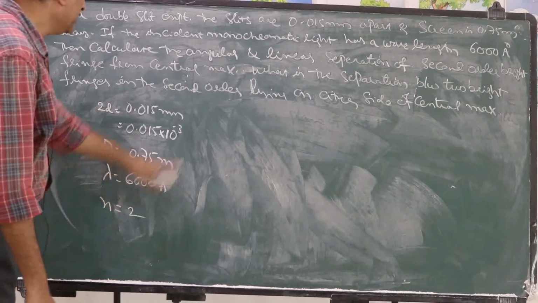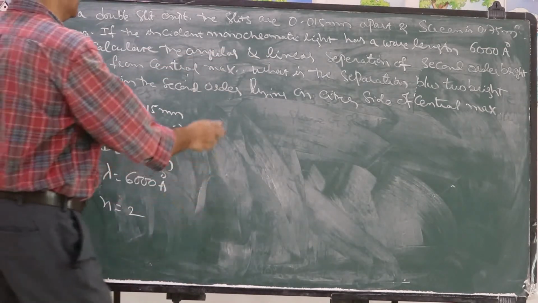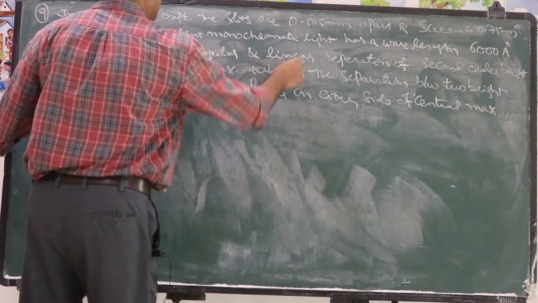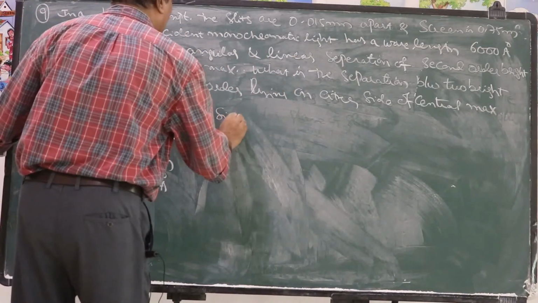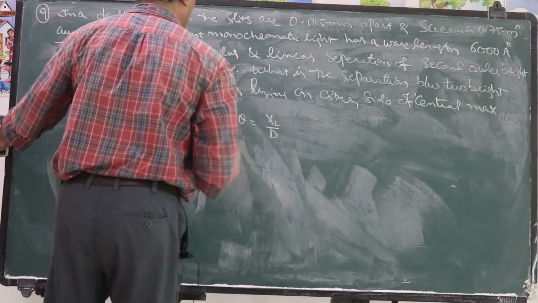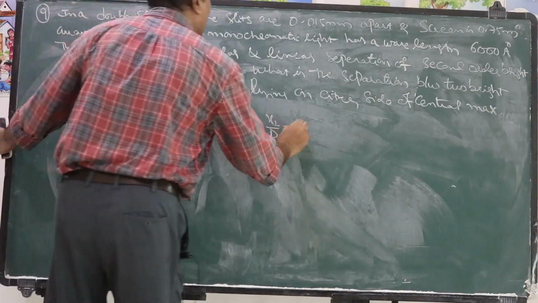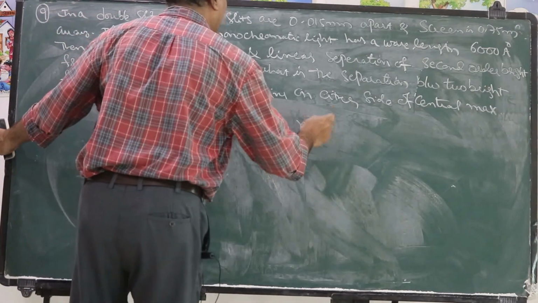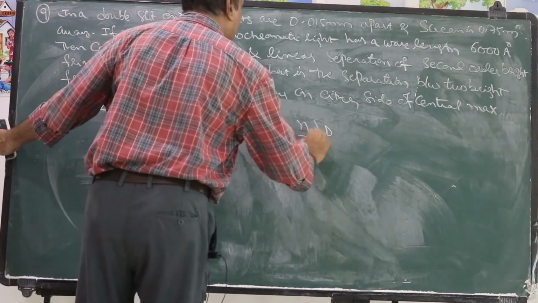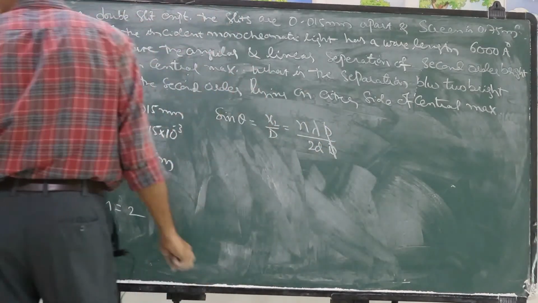Given second bright, so n equal to 2. So first find out angular separation and linear separation. So sin theta is equal to x2 by capital D, that equals n lambda D by 2d into D. So D will get cancelled.